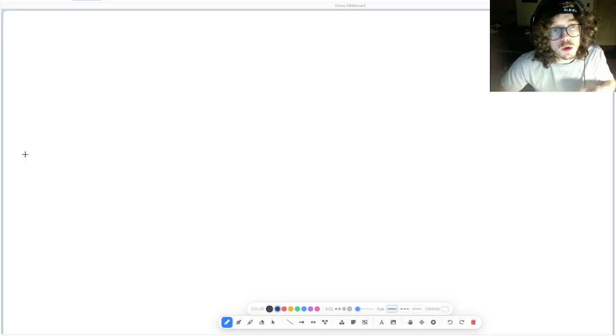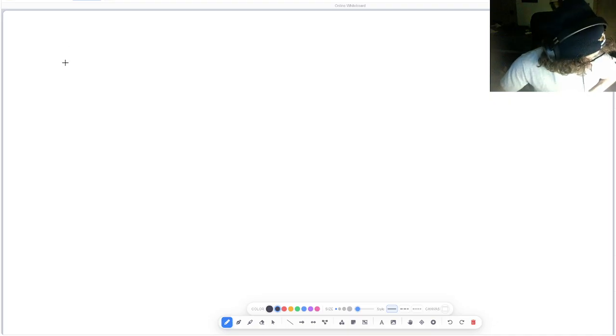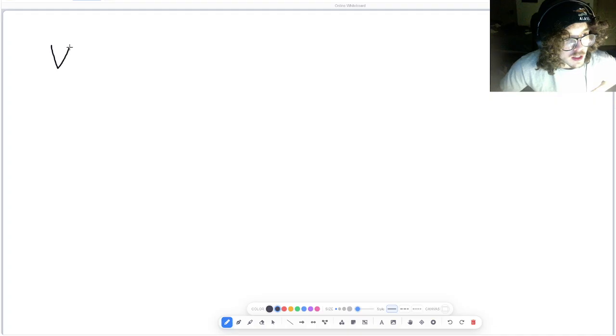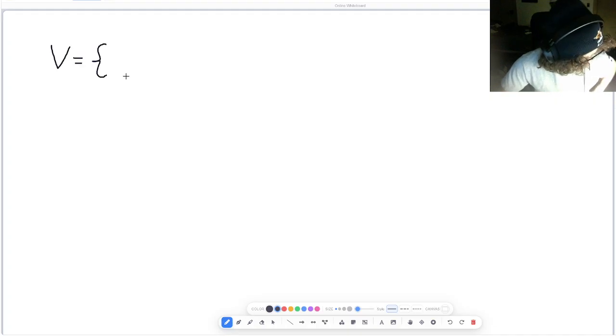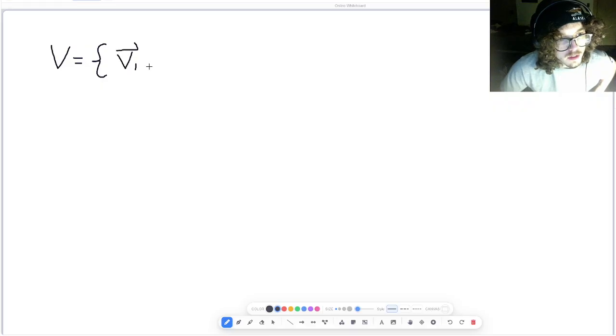Imagine we have some vector space V which contains a set of vectors, let's say V1, V2, V3, dot dot dot, Vn.